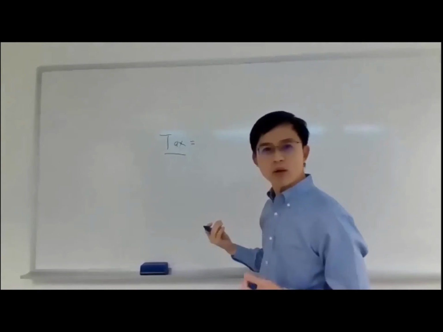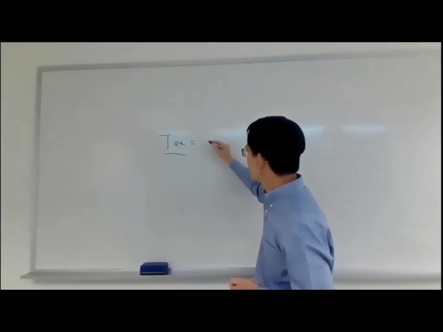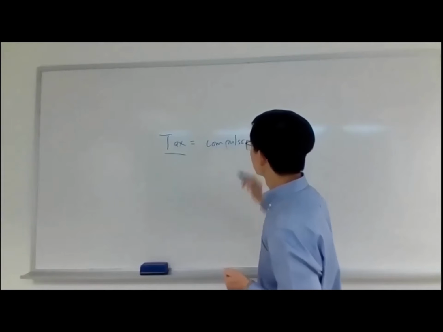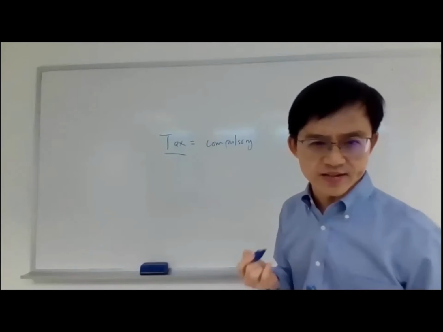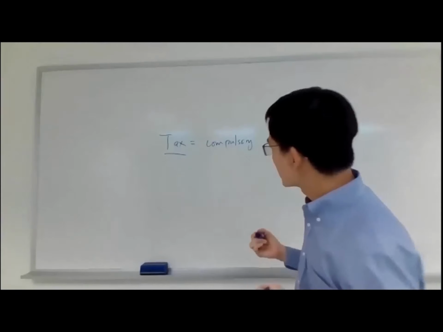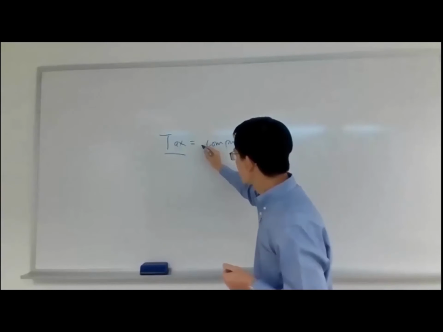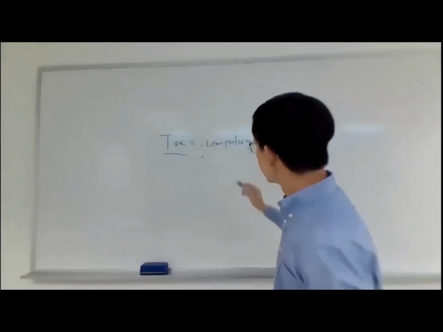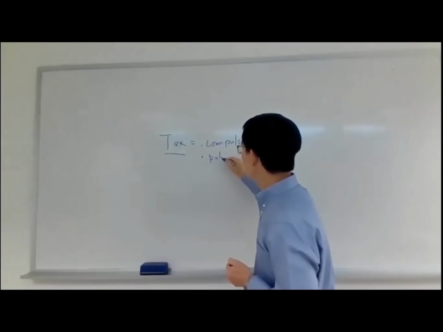First, when we are looking at the concept of tax, we know it is compulsory. You have no choice, you have to pay a tax. The attribute is that it must be compulsory, and that it is collected by a public authority.